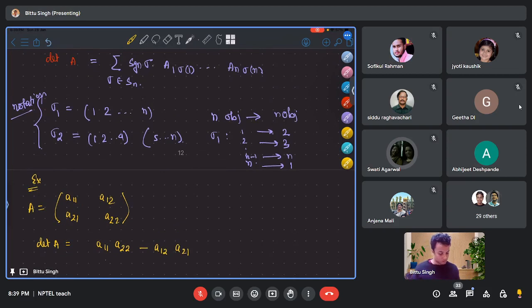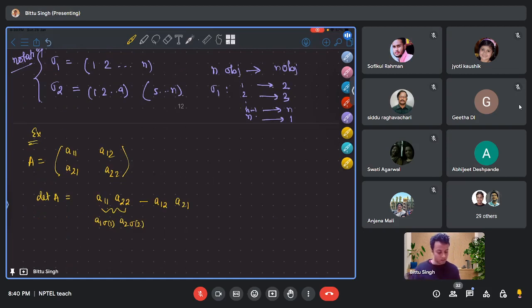So here you can see, for example, if we denote the second index by sigma, that is A1 sigma 1, A2 sigma 2. What is the value of sigma 1 and sigma 2? Sigma 1 is 1 and sigma 2 is 2.